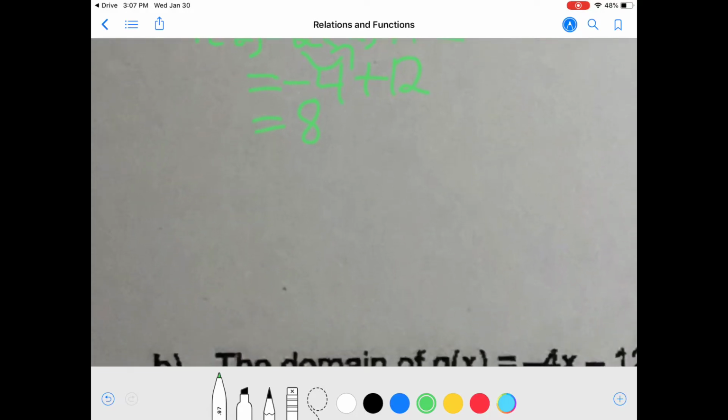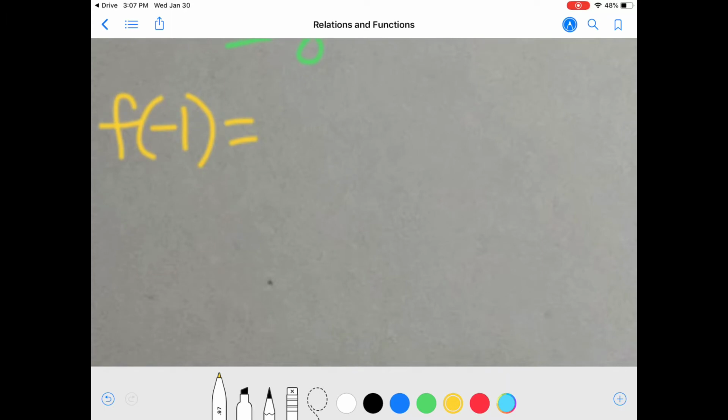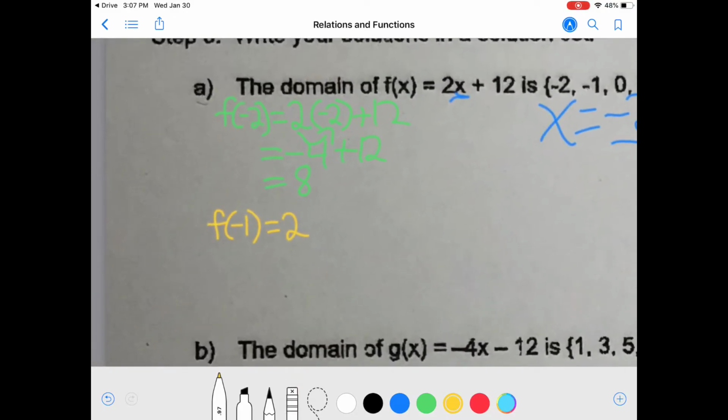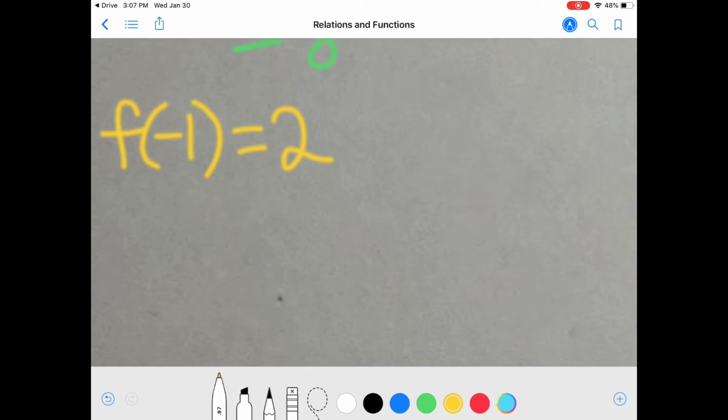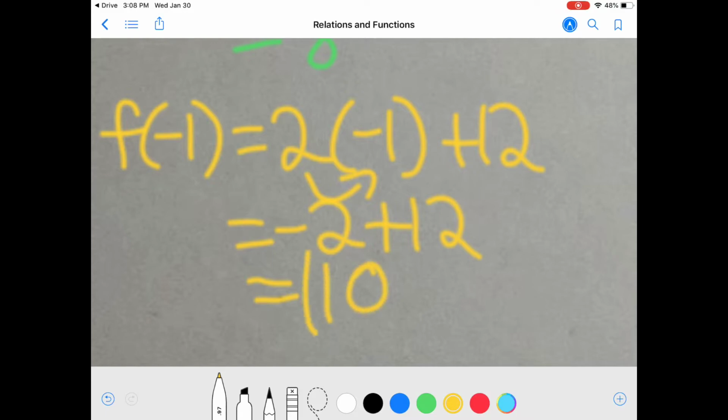Then I've got f of negative 1 equals 2x plus, oh, my bad. 2 times negative 1 plus 12. I'm going to distribute the 2, so I get negative 2 plus 12, or 12 minus 2, so I get 10, and that's my second one.